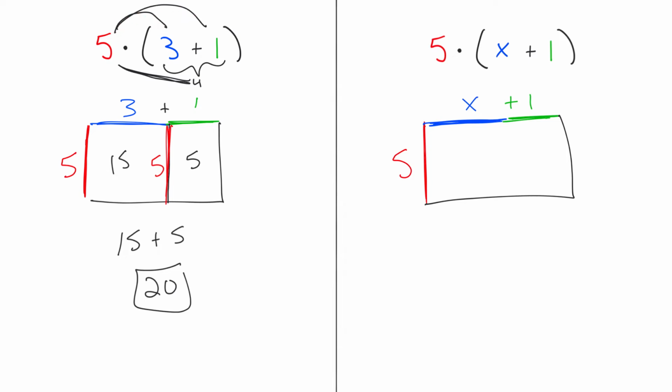I'm only left with distributing the 5 times x and the 5 times 1. And the reason that works is because that area model, you could split in half. Actually, I should do this in red. And now I have 2 rectangles. One rectangle is 5 units tall and x units wide. So if you multiply those together, you get 5x.